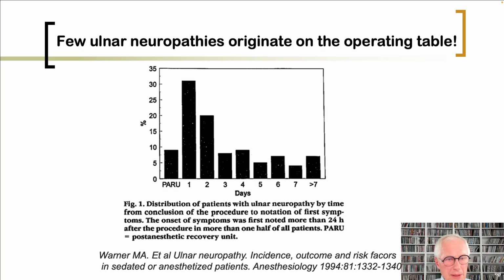Most ulnar neuropathy started in the period after surgery, in the post-anesthetic recovery unit or during day 1, 2, 3, or 4. So the patients were probably obtunded, maybe they had sedatives, and were lying with their elbows flexed for prolonged times.